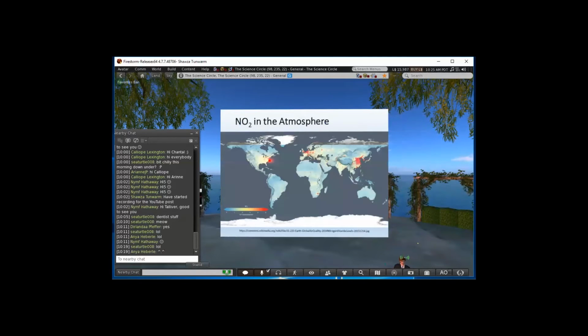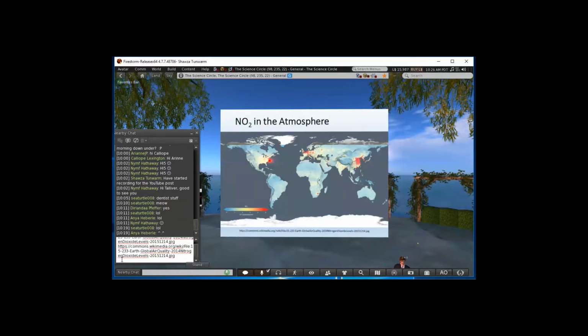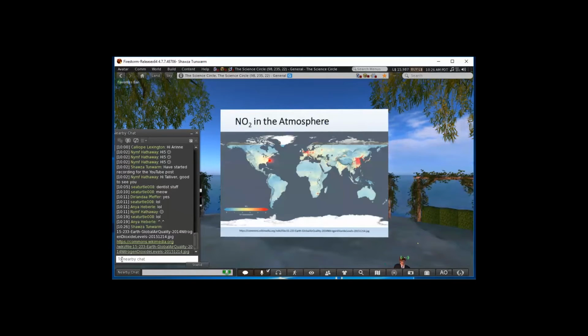Yeah, so this is from satellite data. All right, this is from satellite data, and here's a link. This particular map is showing high levels of nitrogen dioxide.